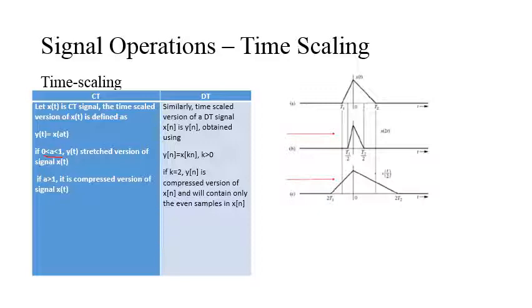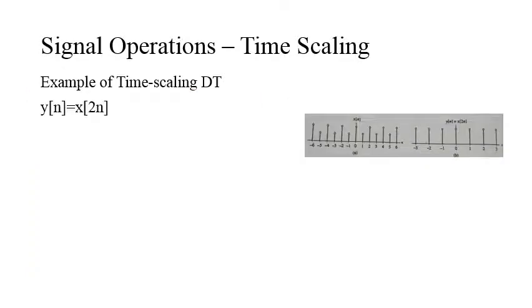So here's an example of a discrete time signal for time scaling, right? As it is given y of n equals x of 2n, that means k is greater than 1, so the scaling factor is greater than 1, so the resulting signal will be a compressed form of the original signal, right?